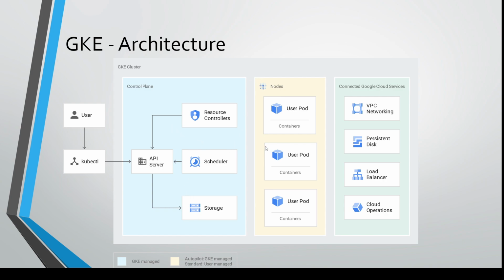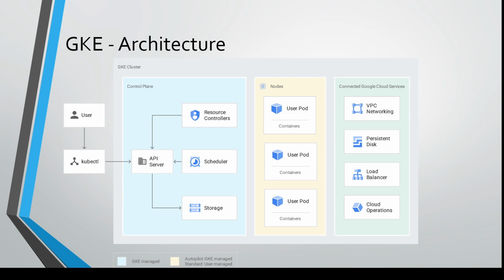And the yellow area here is what you call the data plane, right? As we earlier saw, there is an autopilot mode and a standard mode. With the standard mode, the node pools are mostly user managed. The user creates the node pool and chooses what type of compute instances are needed as part of it.